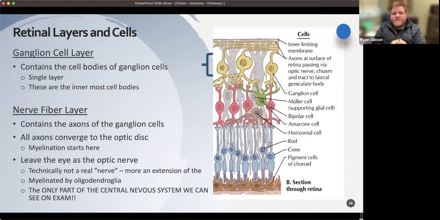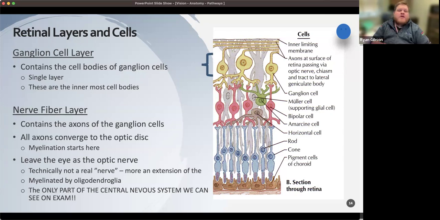It is an extension of the central nervous system, which is, y'all, probably the sexiest thing about neurology. You can look in an animal's eye and you can see its central nervous system. There is no other place on the body that you can look into or at an animal and see the central nervous system. So like, hot damn.